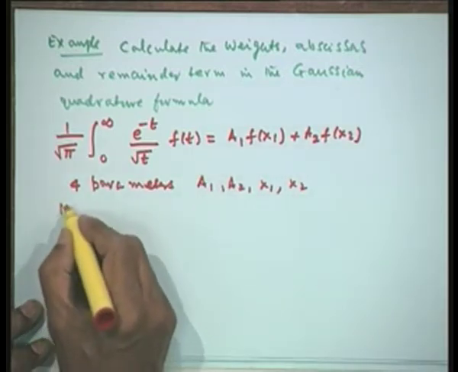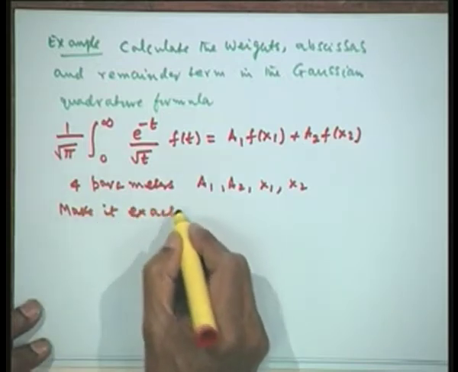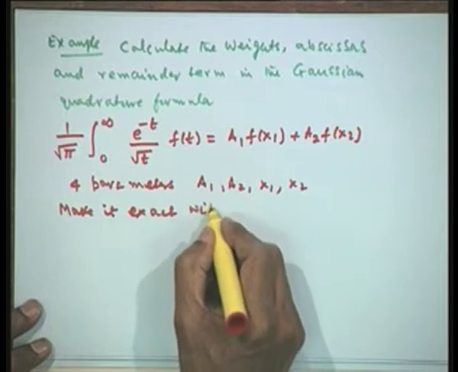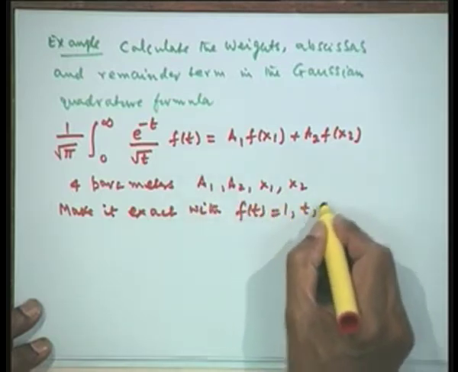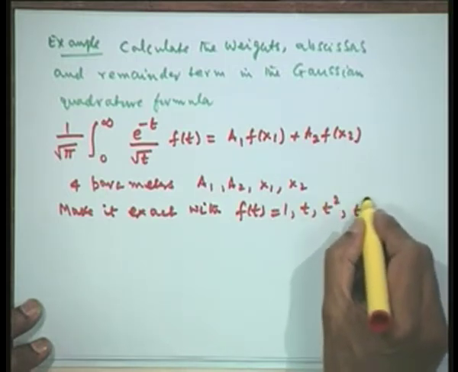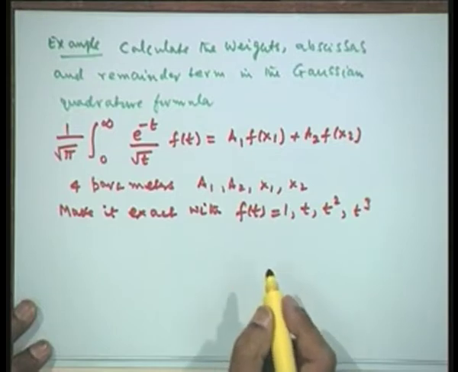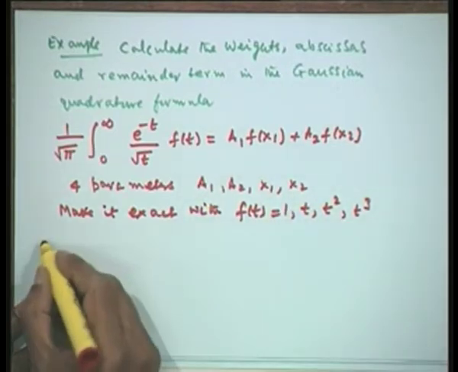Therefore, we make it exact with f(t) is 1, t, t squared, t cubed. There are 4 parameters, so we get 4 equations. So, let us substitute them.